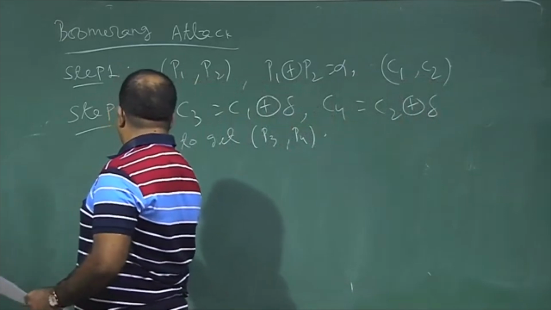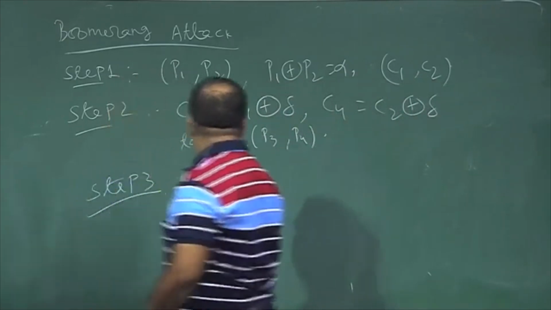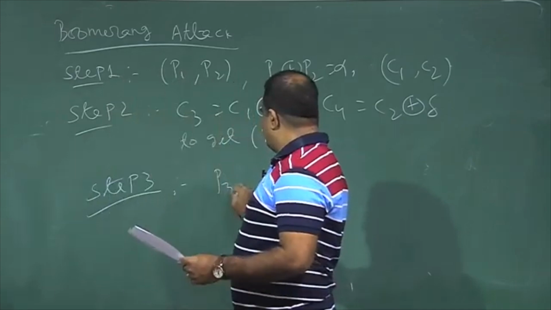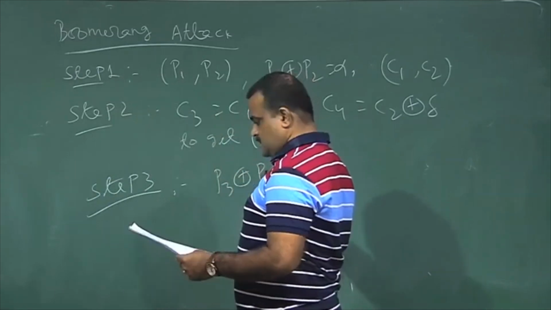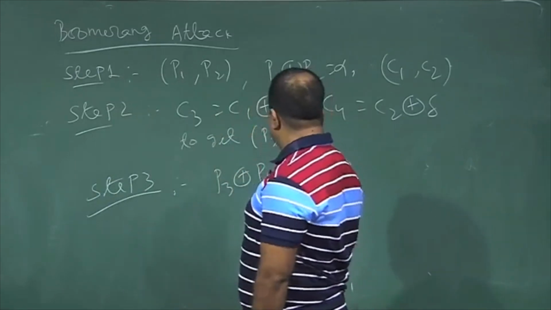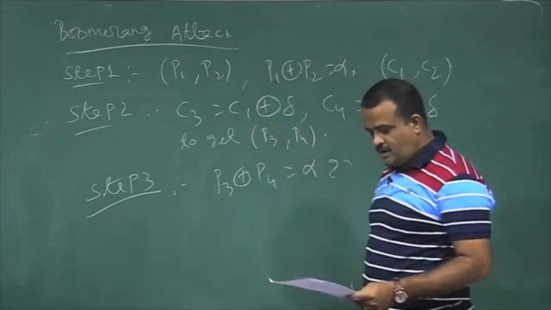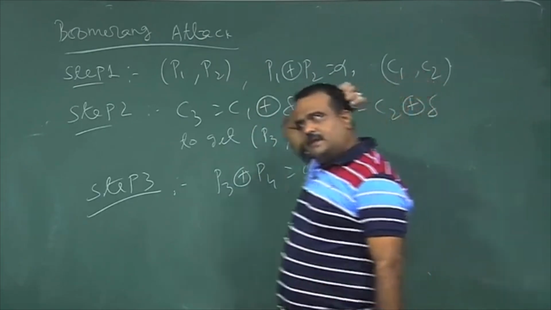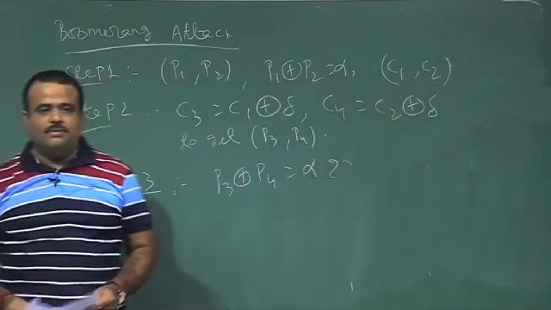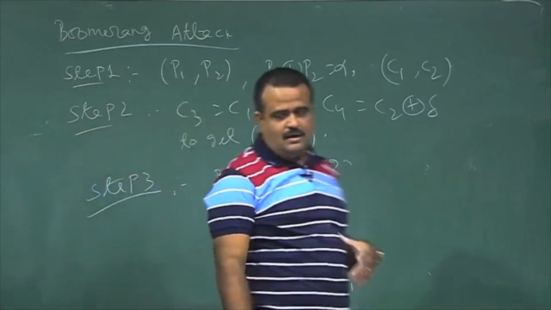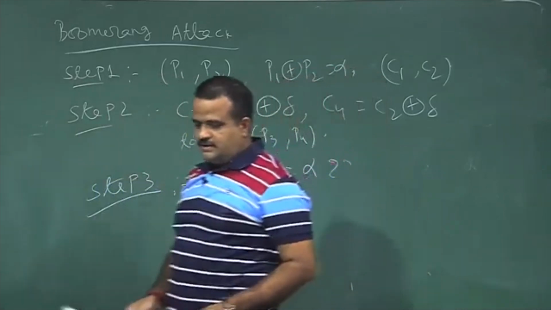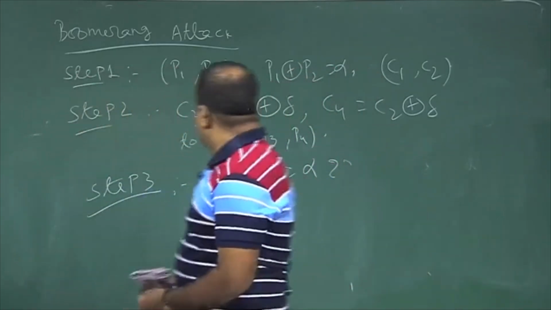Step 3: we check whether the difference of P3 and P4 is alpha or not. If it is alpha, then we increase the counter. We repeat this until we get a significant frequency in this table. So, this is the boomerang attack.